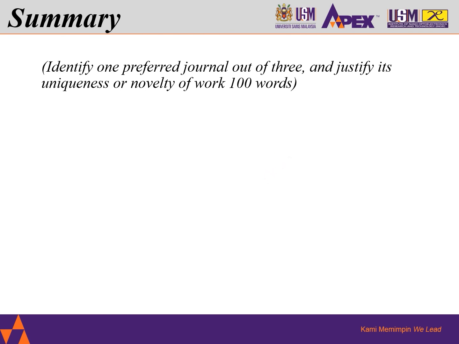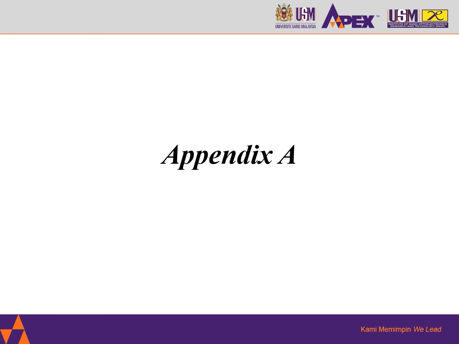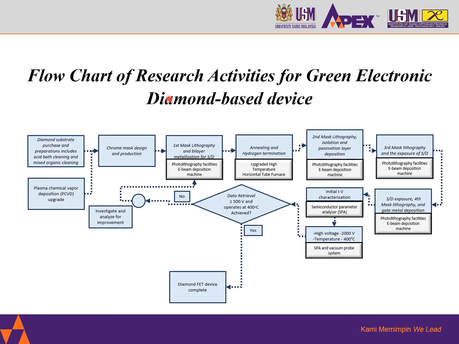As I mentioned earlier, Appendix A is the flowchart of methodology. For example, here, the flowchart of the research activities of a green electronic diamond-based device is an example. The first step is the purchase of the substrate and the upgrade of the PCVD, then proceed with the second step, the chrome mask design and production, and also the metallization and lithography.